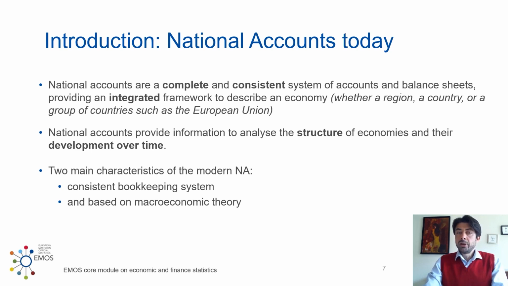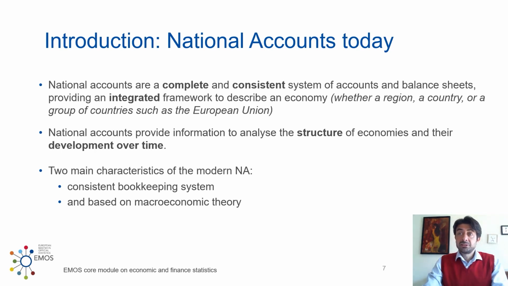There are two main characteristics of modern national accounts, and we'll see that it has not always been the case. The first key characteristic is a consistent bookkeeping system. That is, the information that is included in the different parts of national accounts has to be consistent.